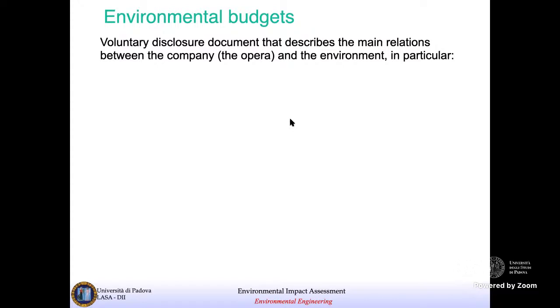Because if you make an evaluation in monetary terms of what you lose when you lose salt marsh areas, it becomes immediately clear to policymakers that these are areas or ecosystems that need to be protected.